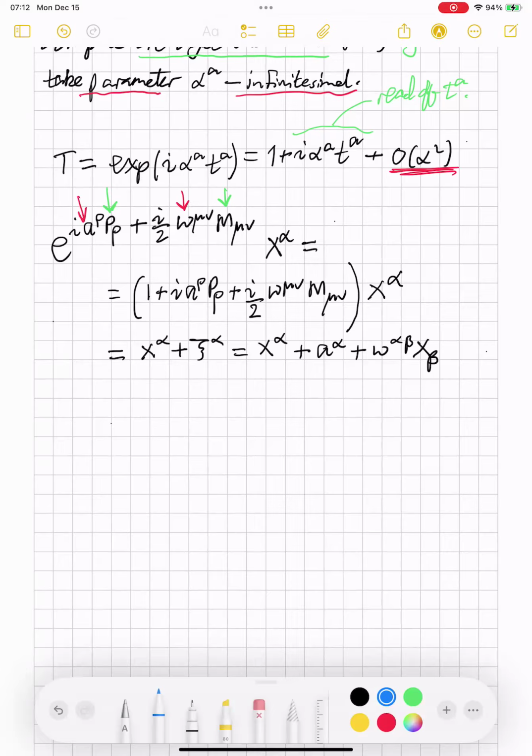Okay, so maybe let's be clear. I'm now equating the terms in this last line. The terms that are constants, I mean independent of a^rho and omega^{mu nu}, on this line is just the 1 times x^alpha, and on the next line is just the x^alpha. So those match perfectly. Now we can look at, actually, I'm really looking at this line, guys. Okay.